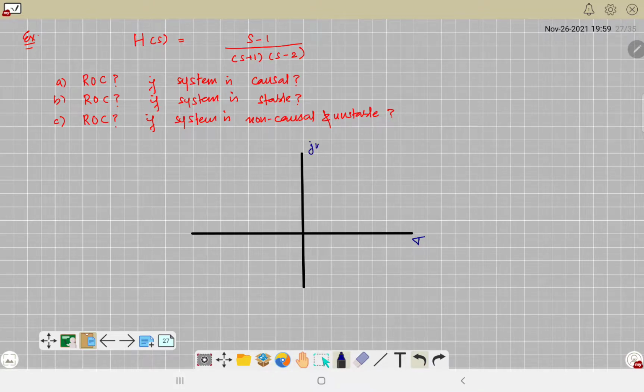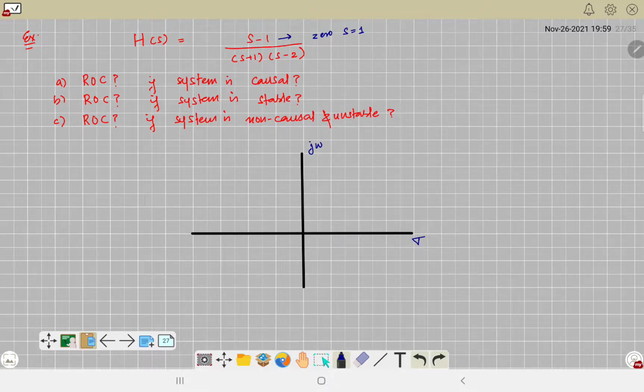This is the imaginary axis. Then I have a 0: equate the numerator to 0, so the zero will be at s equal to 1. Let this be the point. Here is my zero.